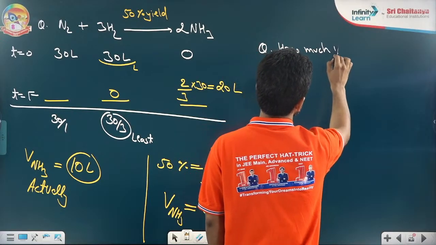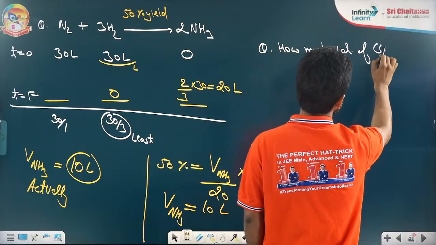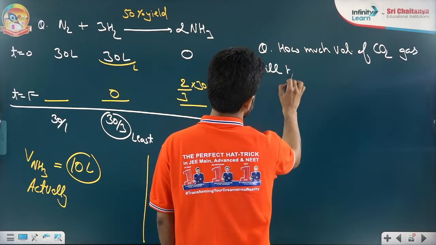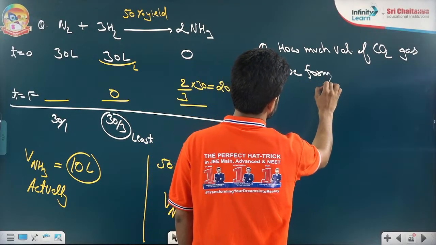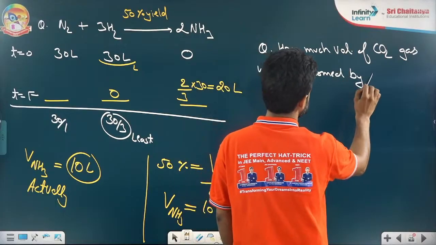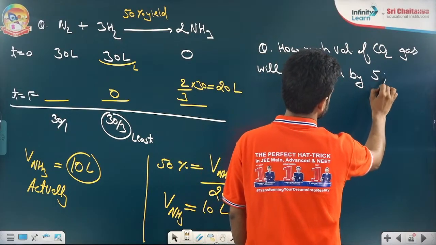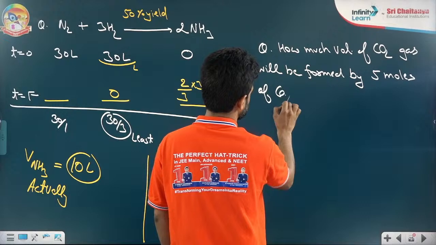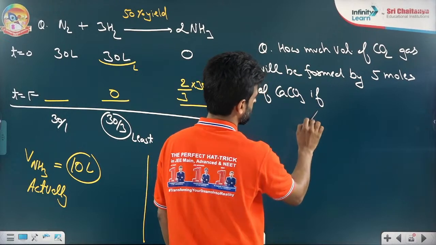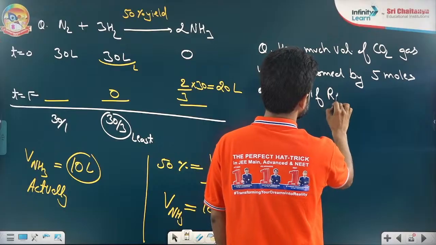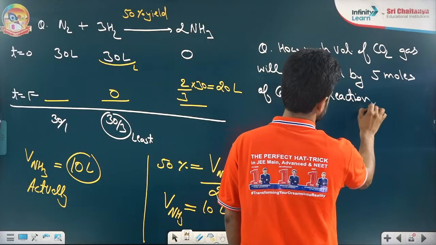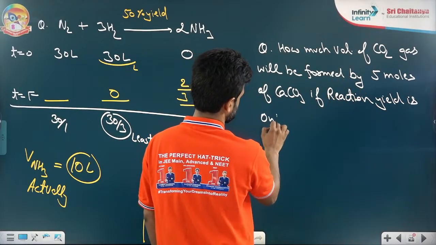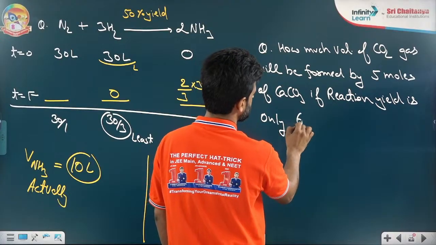How much volume of CO2 gas will be formed by 5 moles of CaCO3 if the reaction yield is only 60%?